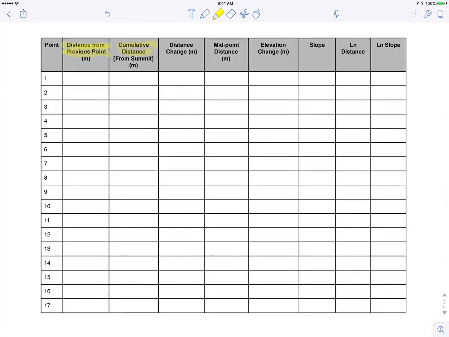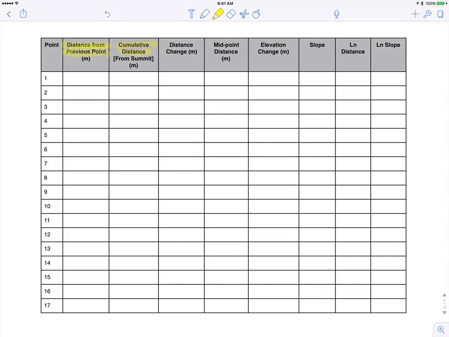The distance change will be the distance over which we're measuring the slope for each of these points, in meters. The midpoint distance is the distance from the top of the mountain to the midpoint of the position we want, because that's where we want to plot it.